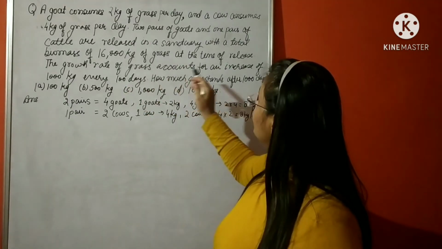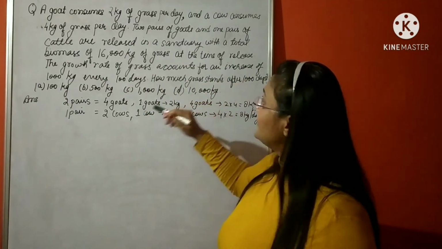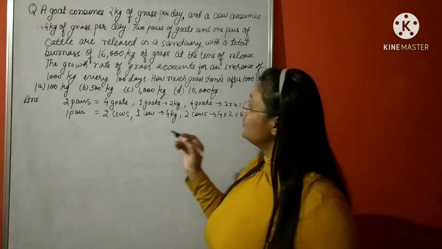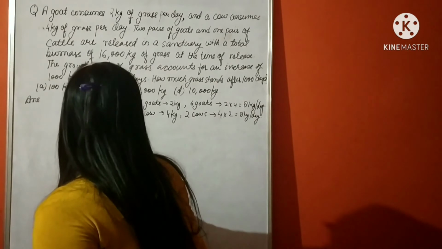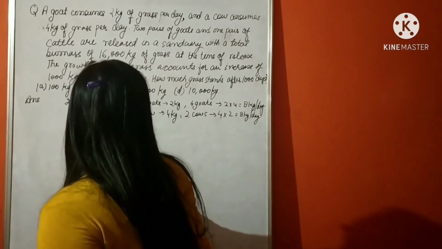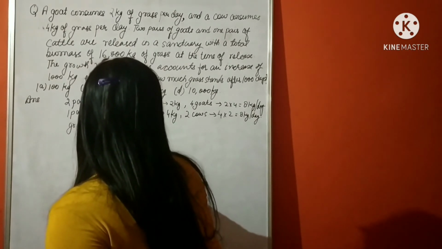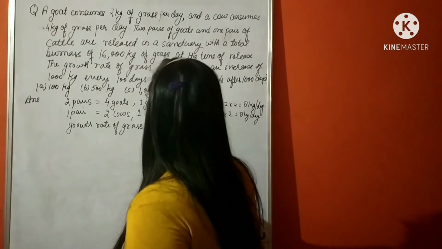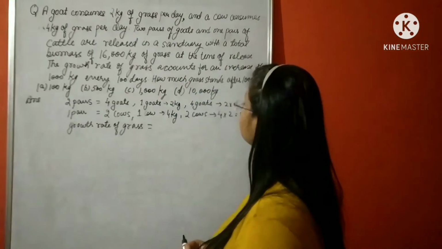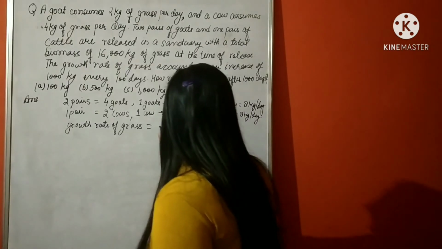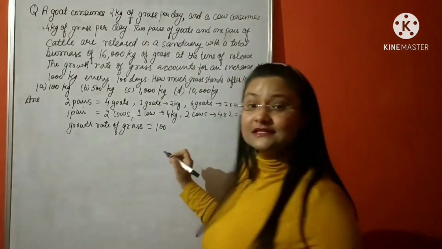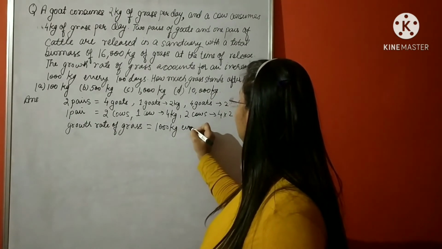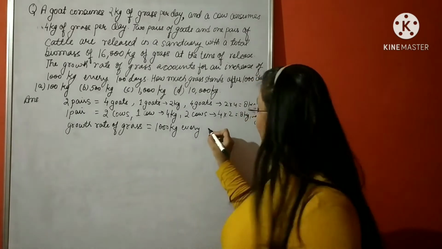So the growth rate of grass is an increase of 1,000 kg every 100 days.